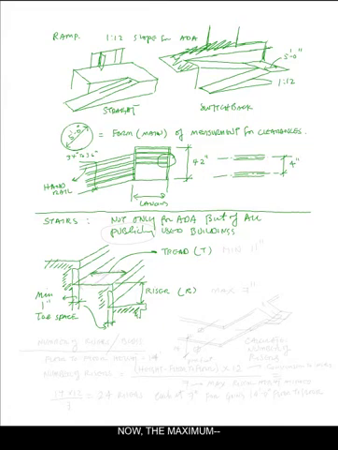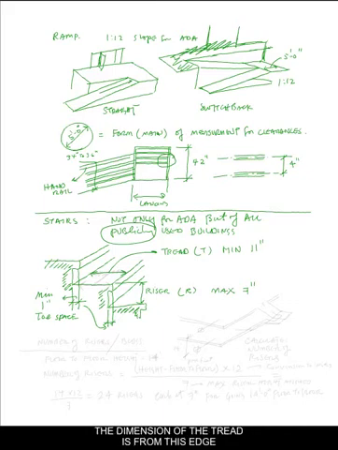Now, again, you're dealing with a publicly used building. The maximum riser height is 7 inches. Minimum thread is 11 for this. Now, when we talk about the thread, let me make this correction.